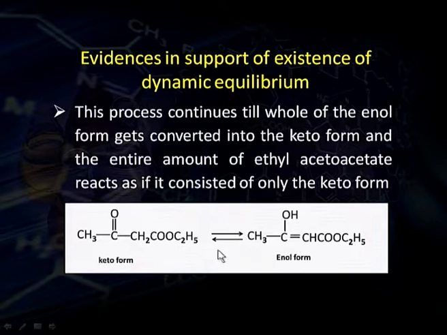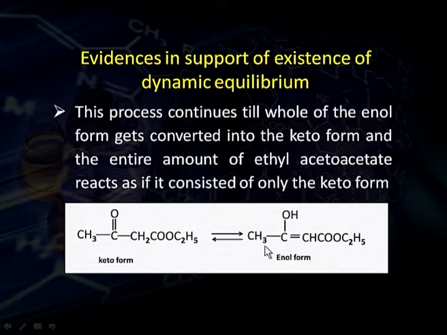So, when this equilibrium is disturbed, the whole of the enol form gets converted into the keto form, and when it is treated with bromine water, the whole of the bromine reacts with the enol form and the equilibrium is disturbed until the whole of the keto form gets converted into the enol form, and it appears as if it consisted of only the enolic form.